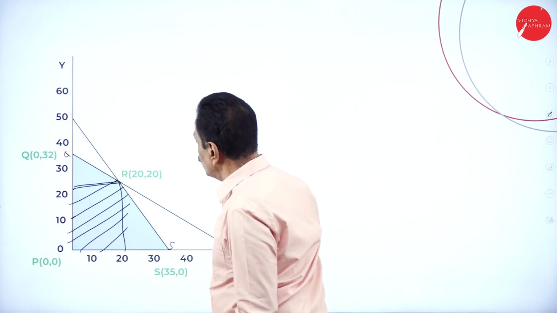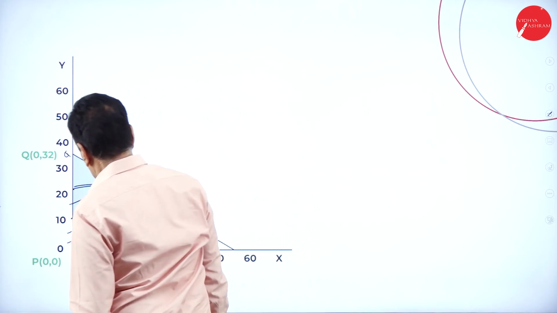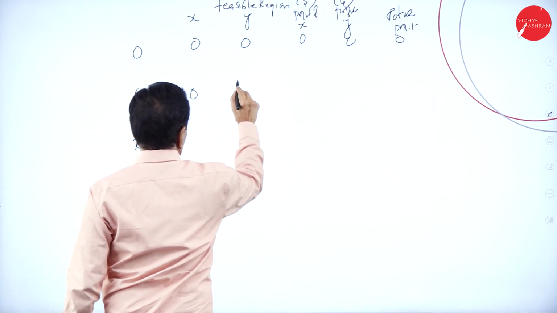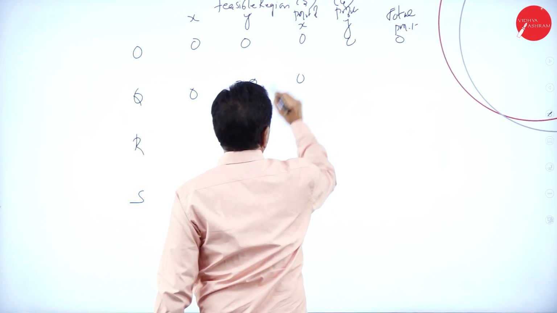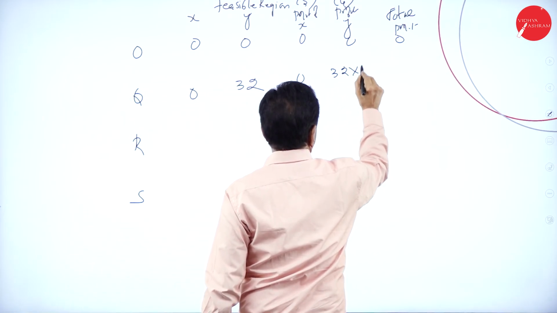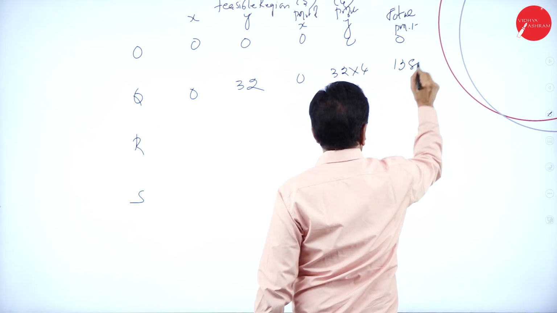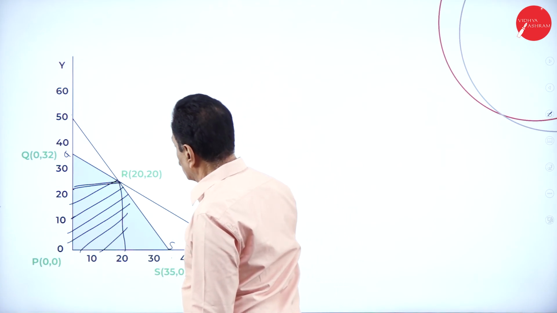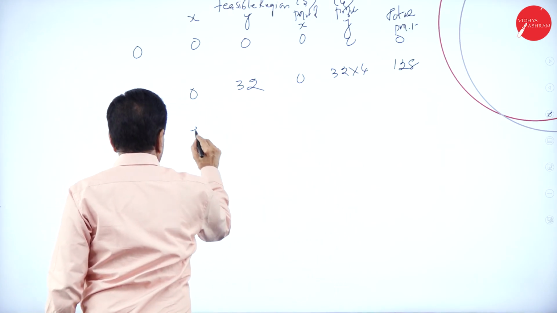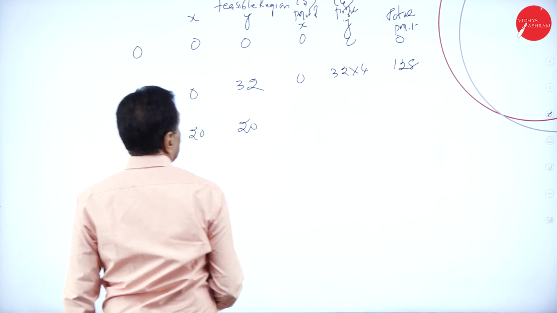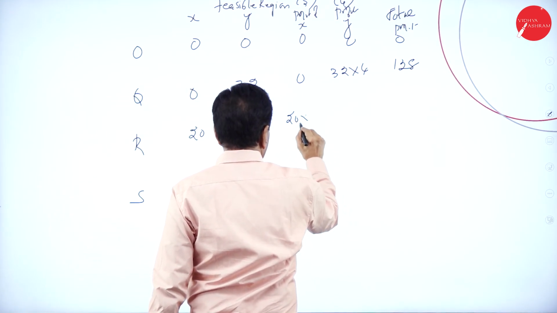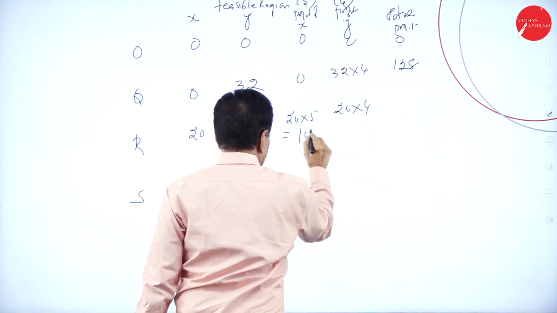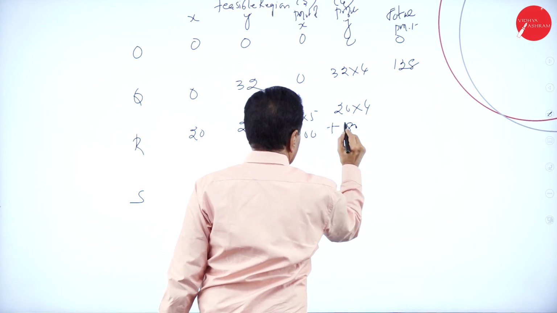At the point Q, X is 0, Y is 32, and 32 into 4 is 128. At the point R, X is 20, Y is also 20, so 20 into 5 is 100, 20 into 4 is 80, total 180.